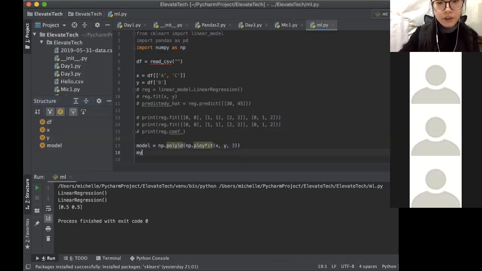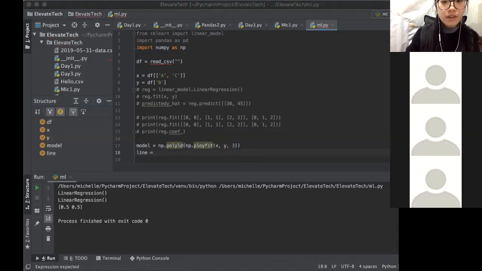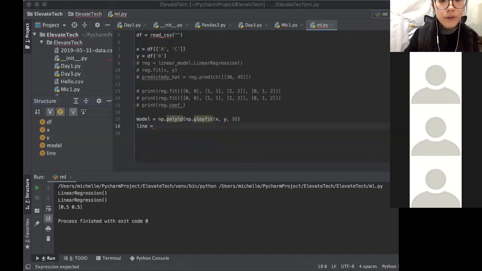So we are going to have a line or curve for that, and then, just like what we talked about before, you can do numpy.linspace, specify how many values you want, and plot that so you can see the results.